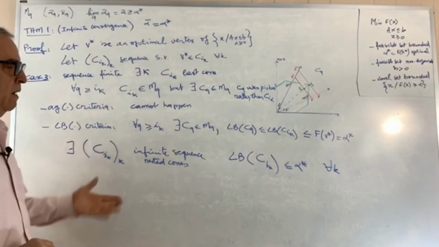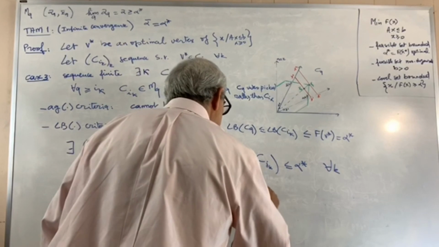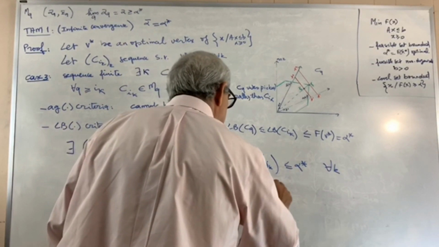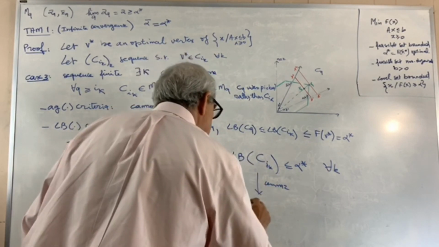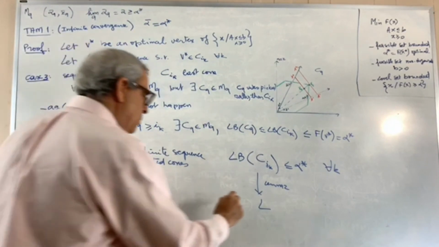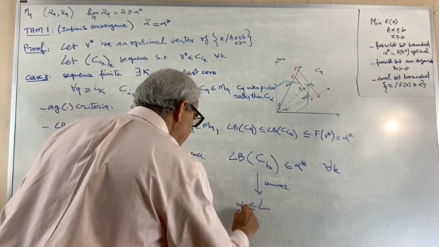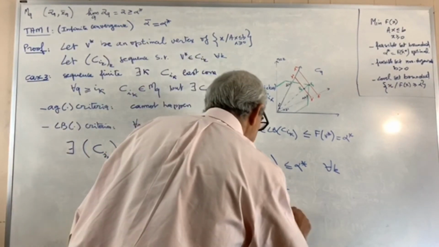Right? Now if we take the limit, we know from lemma 2, so this converges to some number L, which is greater or equal to alpha bar. That's what lemma 2 says. And of course, L is going to be less or equal to alpha star.